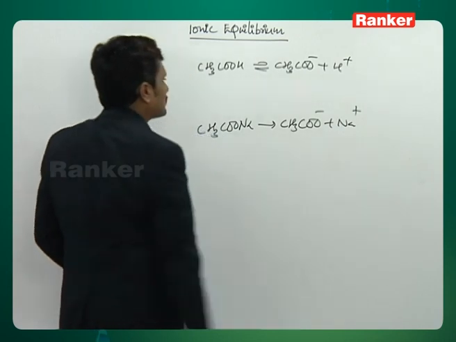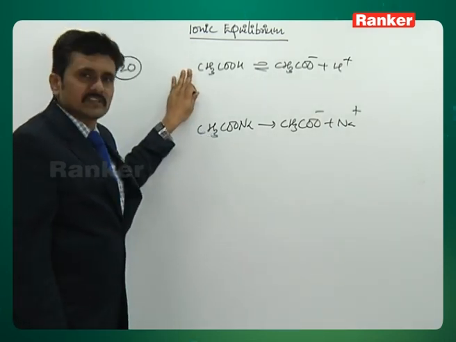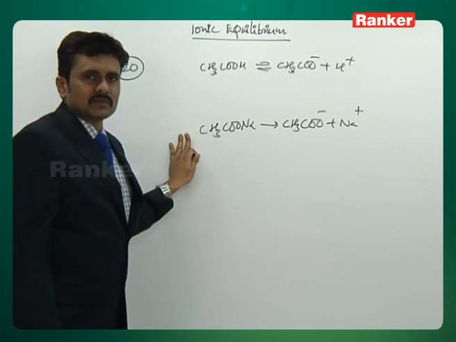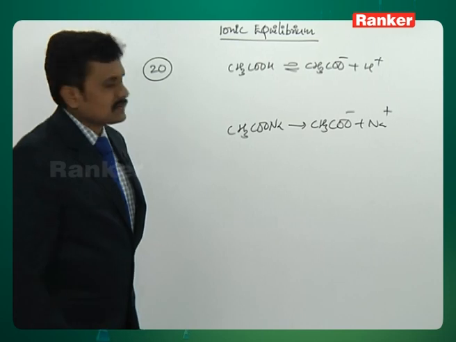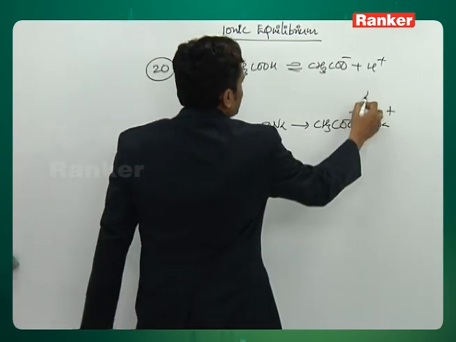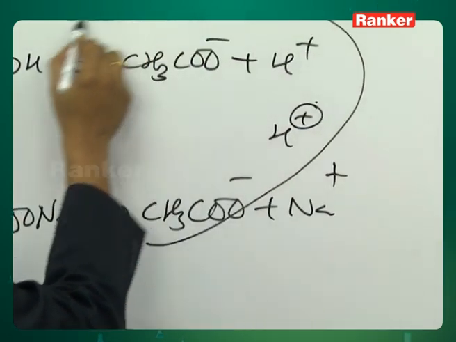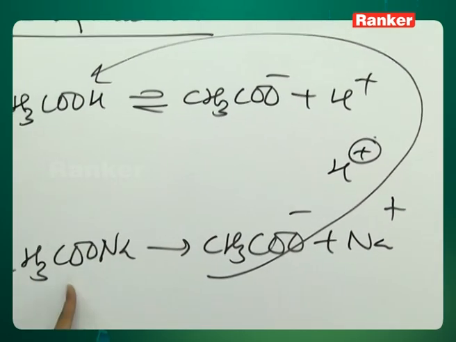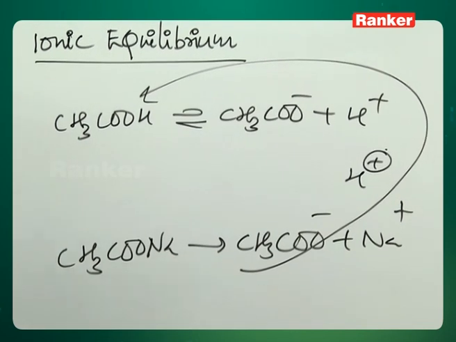We know that an acidic buffer is a mixture of the aqueous solution of a weak acid and its salt with a strong base. Now, this being an acidic buffer, when I am adding HCl to it, I mean to say H+, the acetate ions, which are present in excess because of the addition of sodium acetate, are going to push this in the backward direction to nullify any change.